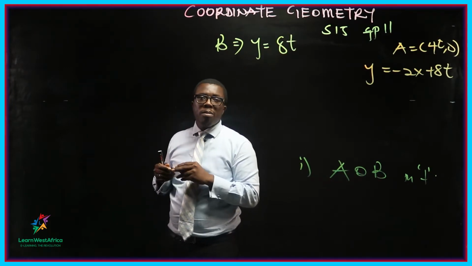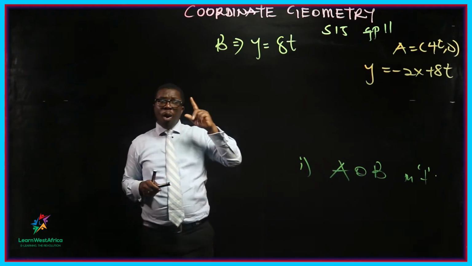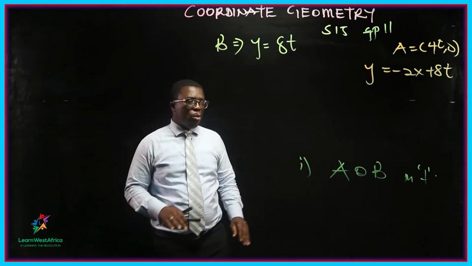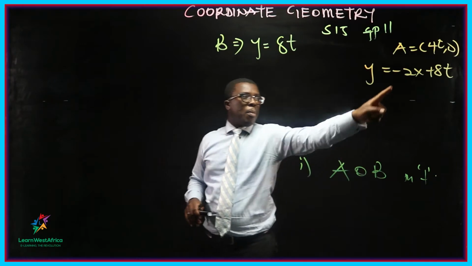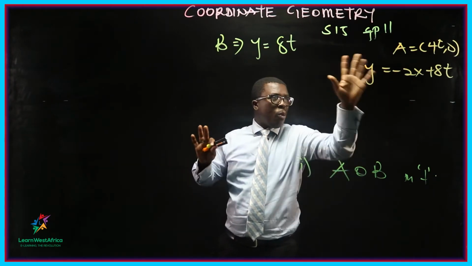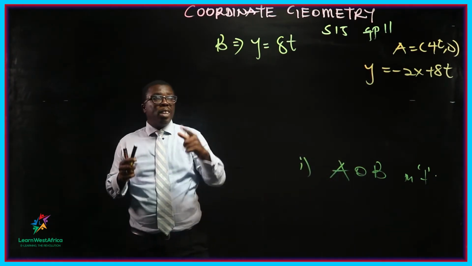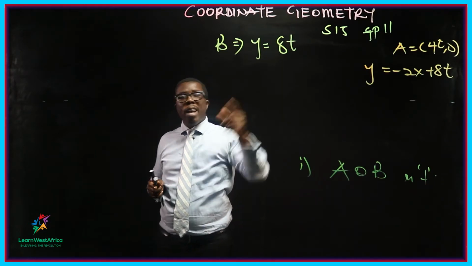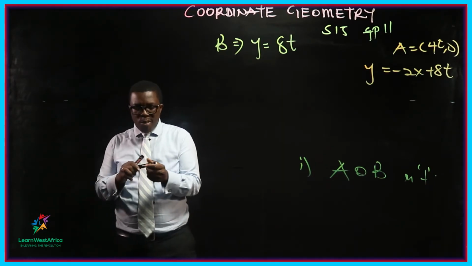Does that make sense to you? On the y-axis, x is 0, so wherever you find x, put 0 there. Minus 2 times 0 is 0, and therefore y is equal to 8t. So your B part is where y is equal to 8t and x is equal to 0.